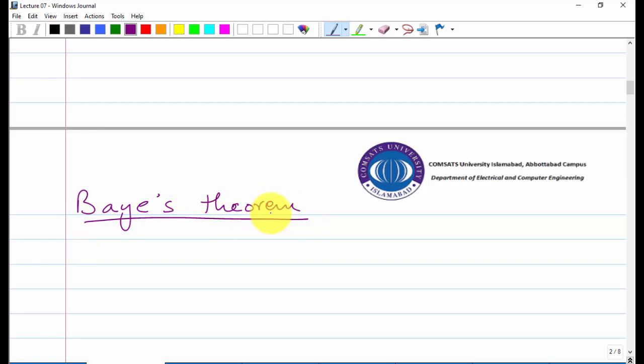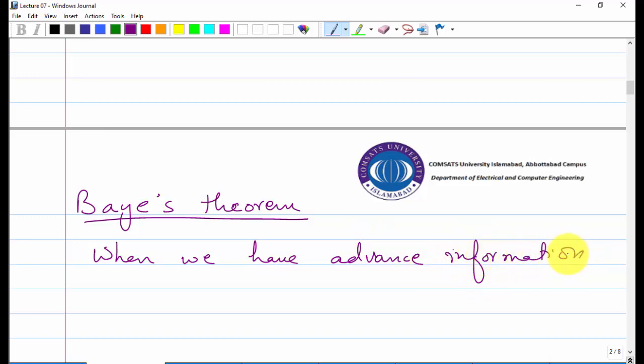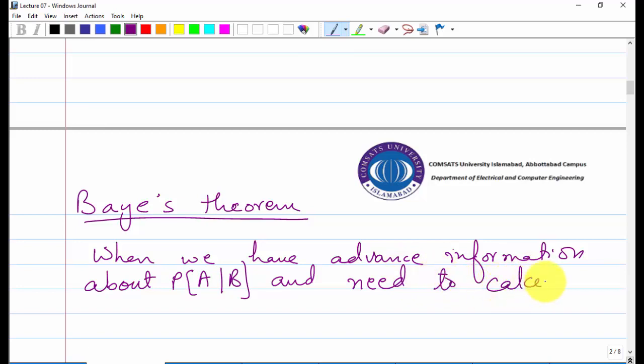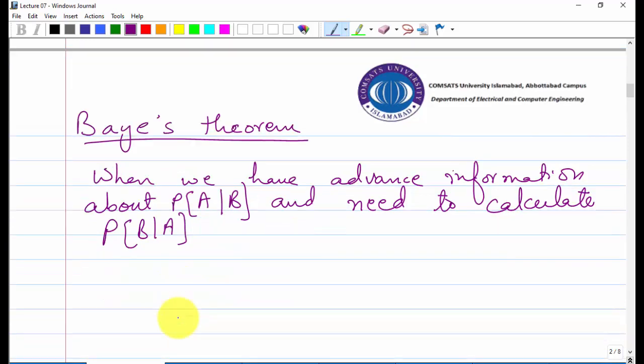This is a very interesting topic because it says that when we have advance information about the probability of A given B, meaning we have been given the conditional probability in this manner, and need to calculate the probability of B given A, we can use the Bayes theorem.